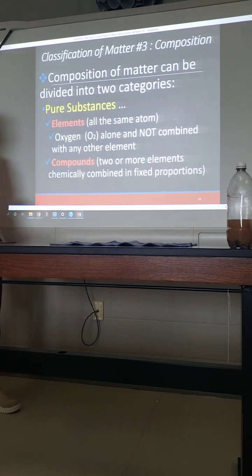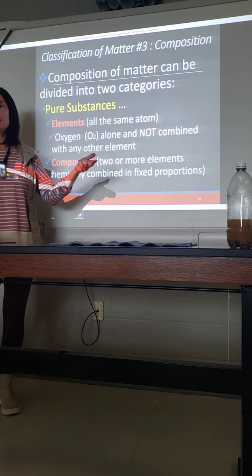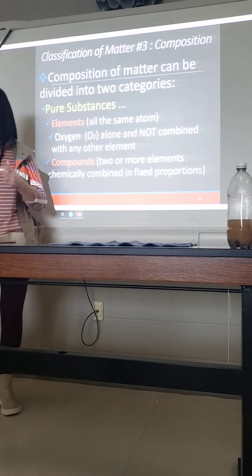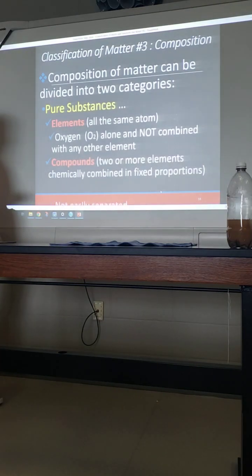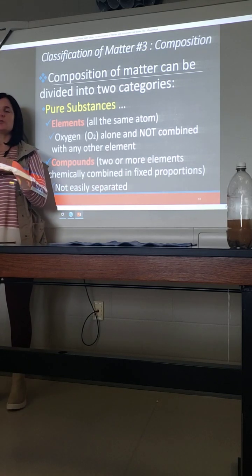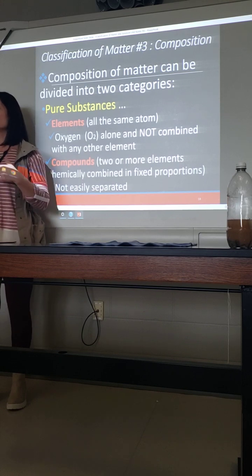It's that one thing. So water, oxygen, water, ammonia, maybe table salt, that sodium chloride, when the sodium and the chlorine come together to make that new compound of salt. The reason that they're considered to be a new thing, even though it's like sodium and chlorine combined, is because it's hard to separate them.